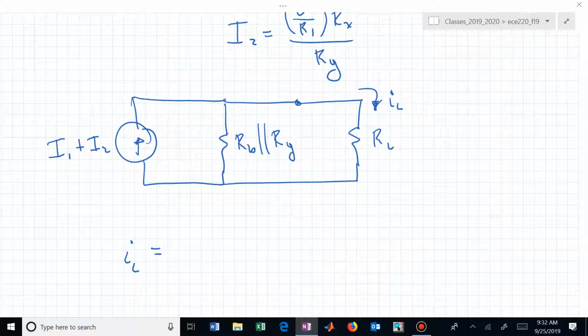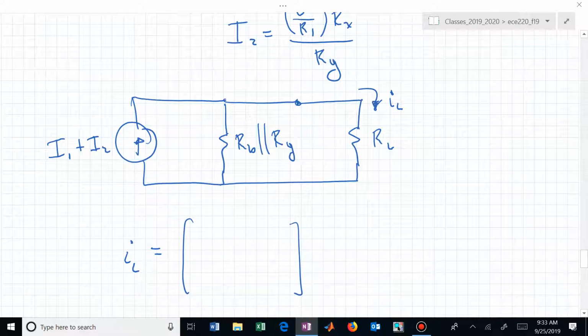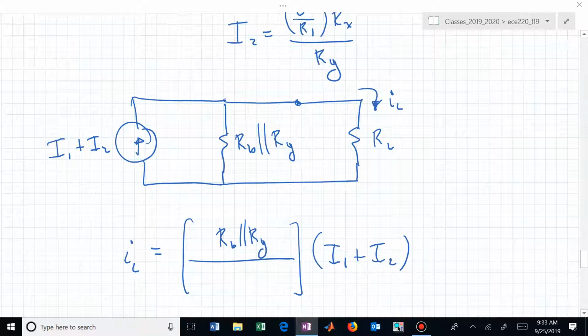This particular step in this problem. Find I sub L from this circuit. That's the current divider. We now have some fraction of the total current going through R sub L. And that's now just the other resistor over the sum of the resistors.